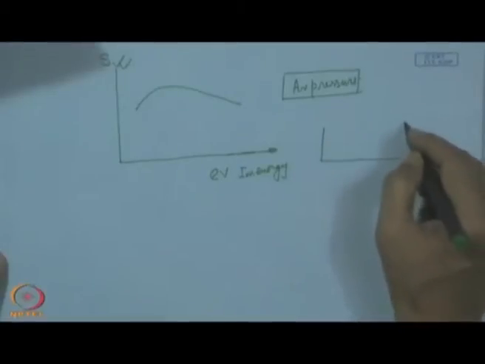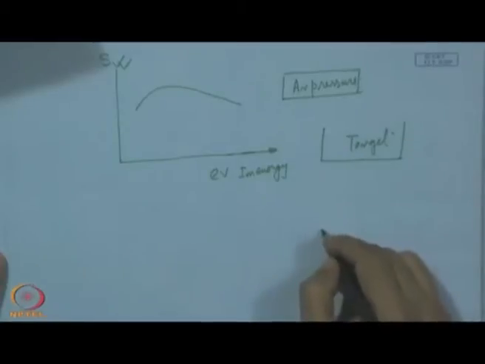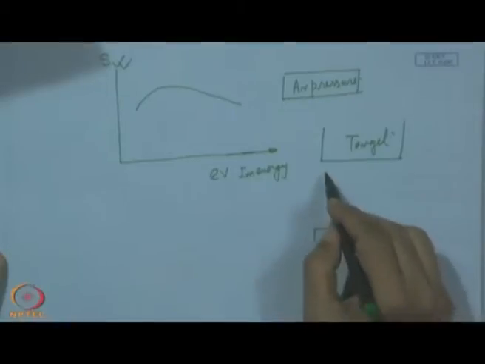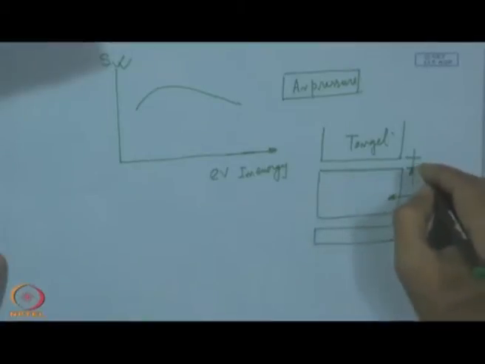So, what we can summarize here, that if we consider this target and the substrate here, then this is the plasma volume, this area, and this is what we call the cathode dark space.